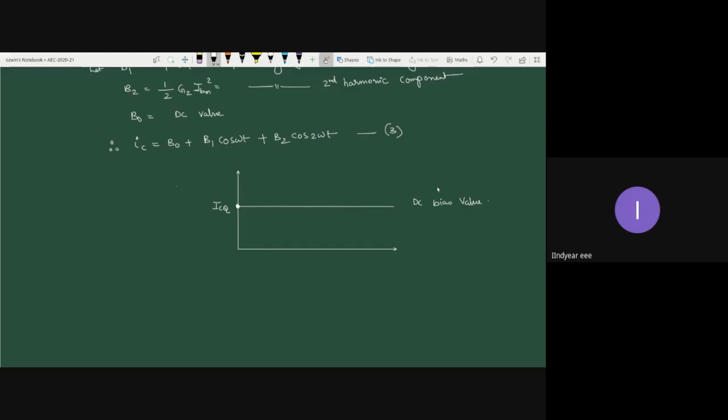Now, above and below this DC bias value, your collector waveform toggles, right? Since we are talking about a cosine waveform, the cosine waveform will have a maximum value at origin, right? So this is how I'm going to draw the graph.